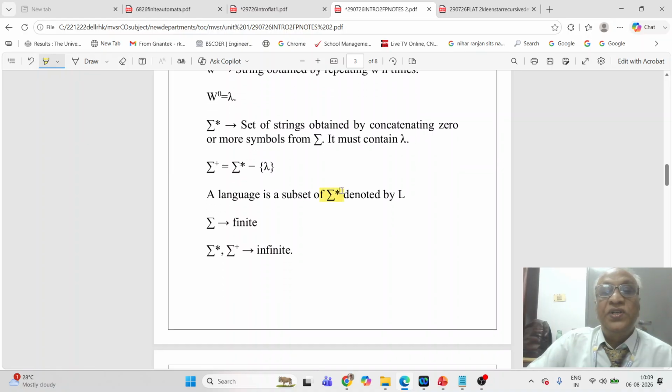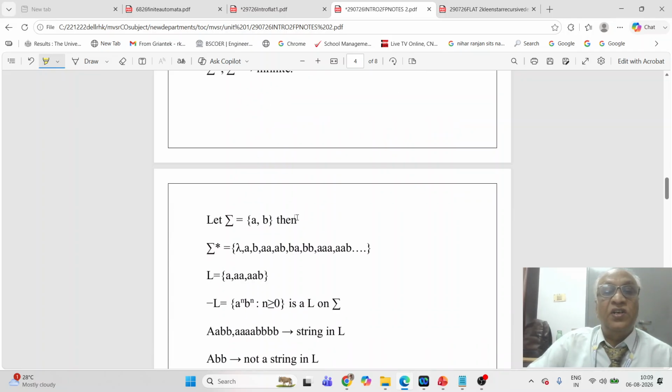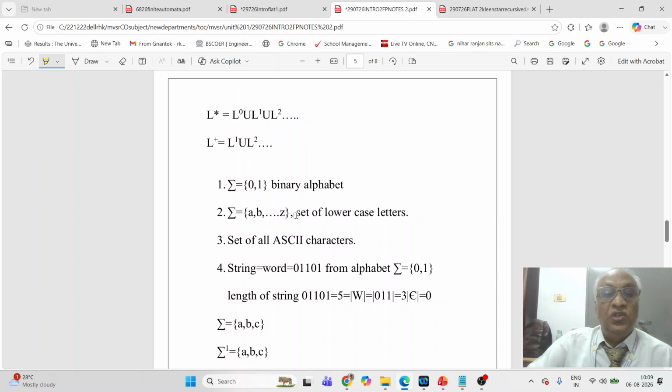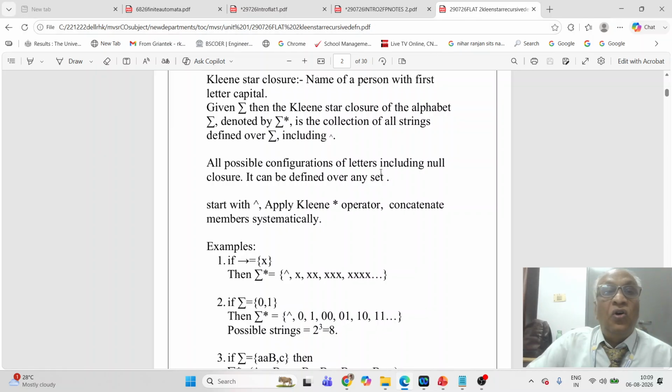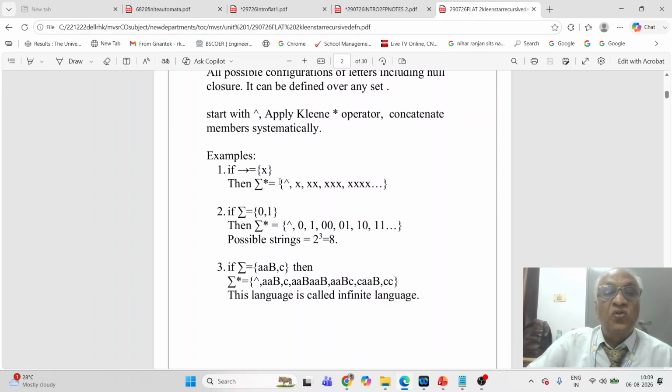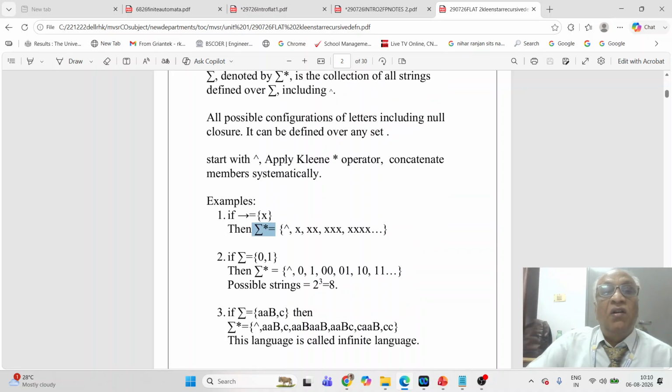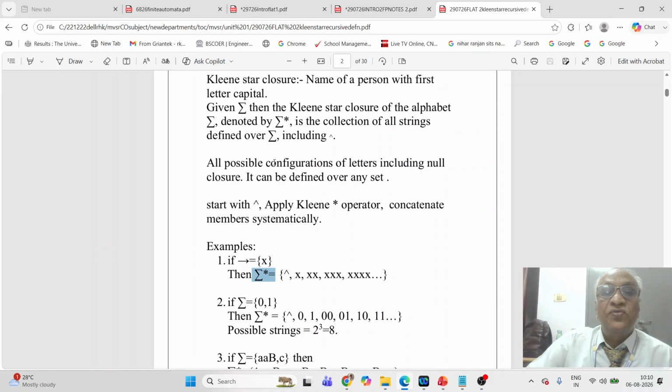Then we had also mentioned sigma star, the closure or star operation, known as Kleene star closure. Kleene star closure is indicated by sigma star and comprises all possible configurations of letters, including null.